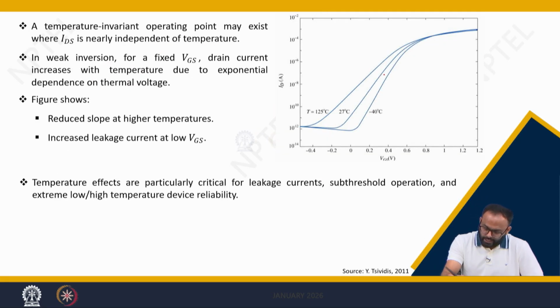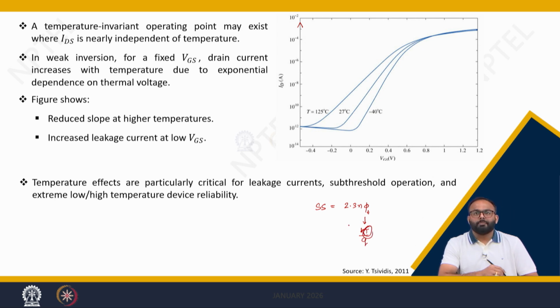So let's see the impact of temperature also in terms of subthreshold slope, which is a very important parameter we have already discussed in weak inversion. The subthreshold slope was in general given by 2.3 times n times phi t, where phi t is nothing but the thermal voltage kT/q, and it is completely dependent on temperature.